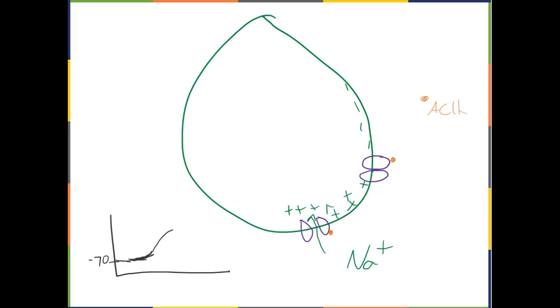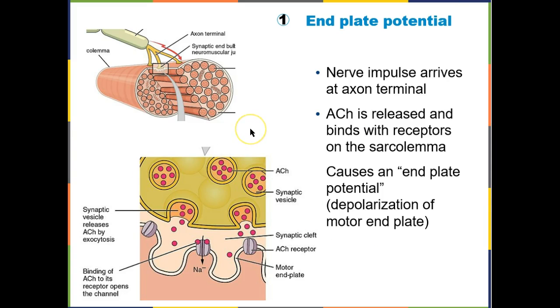Then once this closes, the resting membrane potential is going to be reestablished. But you do get a brief depolarization in response to those sodium channels opening. That brief depolarization is called the end plate potential.